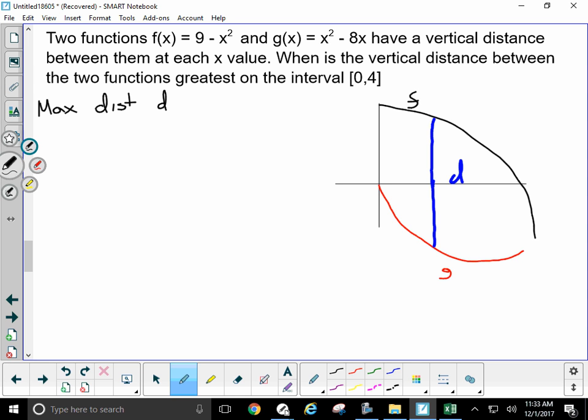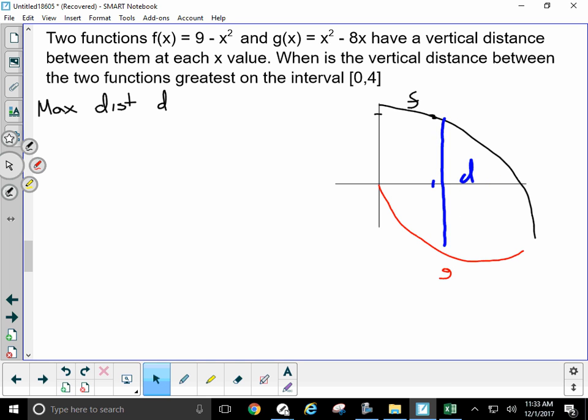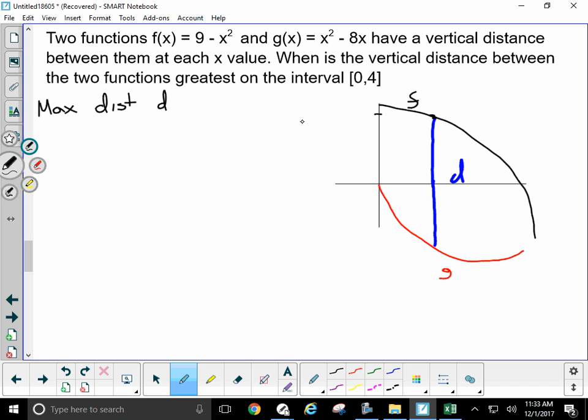Okay. Now, what would be an expression for this distance here? Let me first start with a specific example. Of course this d can be placed anywhere. So this is a specific example, but the distance isn't always going to be this. Let's say this y-coordinate was 3 and this y-coordinate was -2.